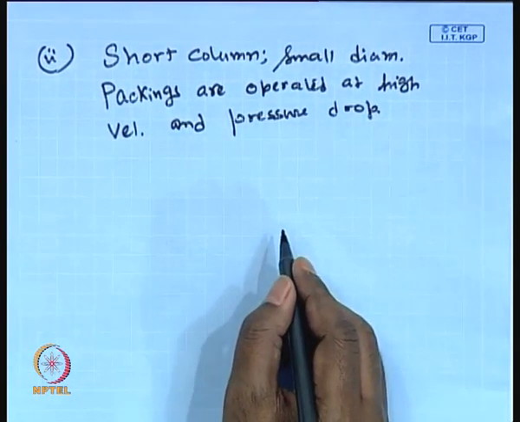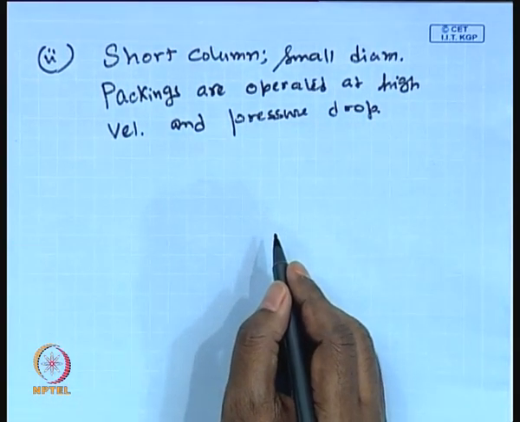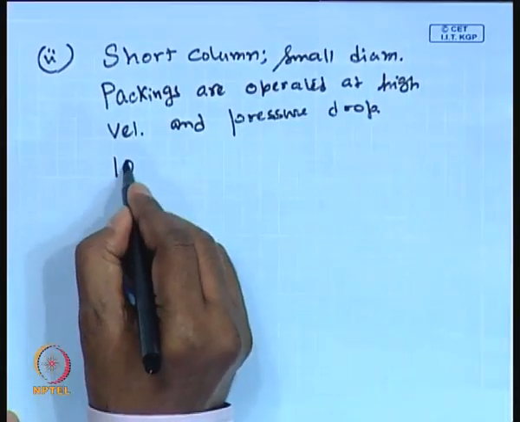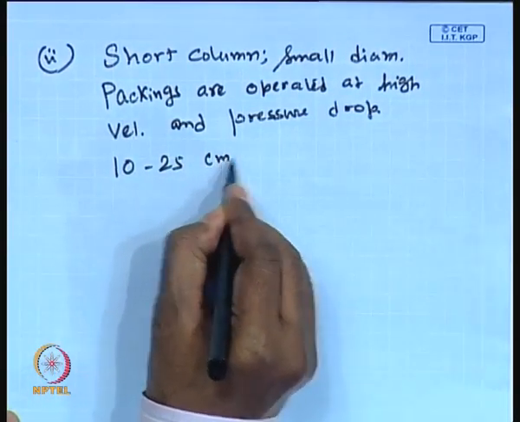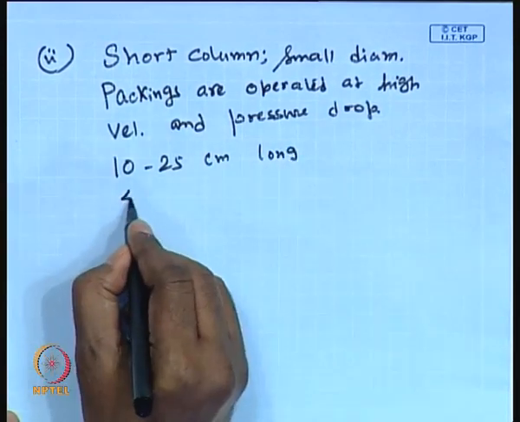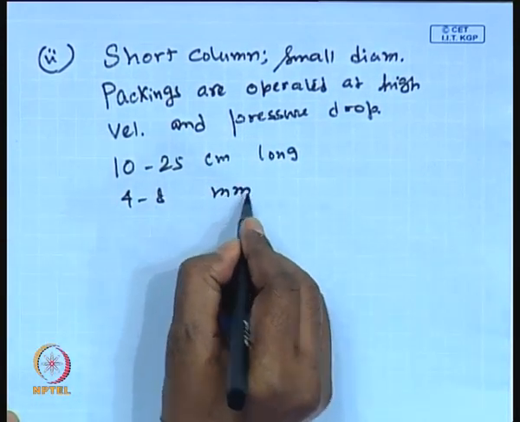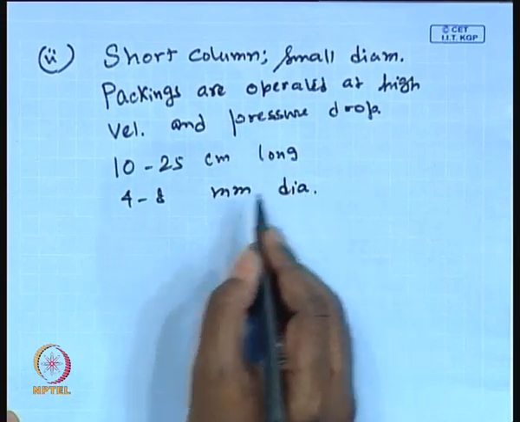Since the column itself is very short and the packing is very close, the operating pressure drop will be quite high in high performance liquid chromatography. The typical conditions are the column is 10 to 25 centimeter long, 4 to 8 millimeter in internal diameter.